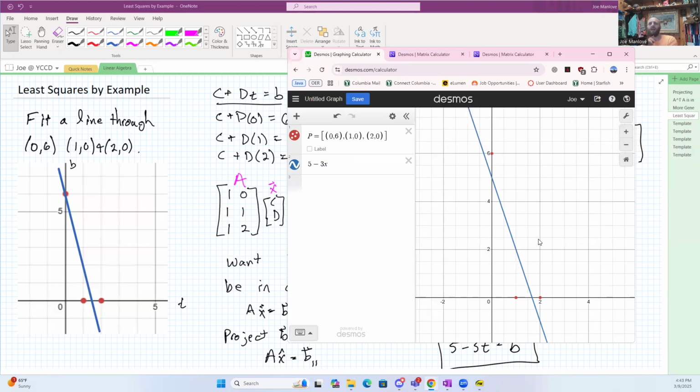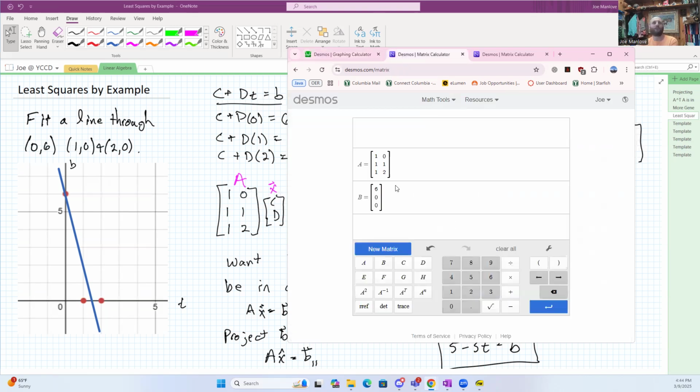You guys see that? I guessed that this was going to go through the point 0, 6, and it just doesn't quite. It's pretty close, but it doesn't quite go through it. So I didn't quite get this right, but it's not bad. Looking at those, they look pretty similar.